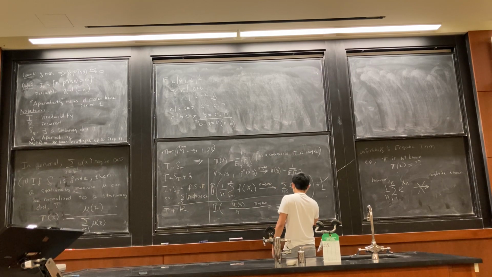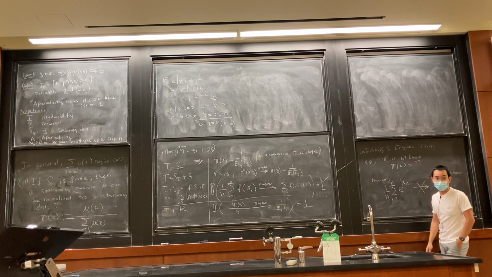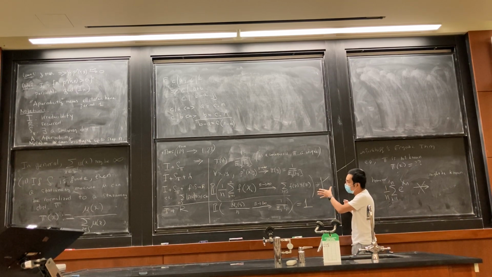This event holds with probability 1, regardless of the initial state. These limits don't say anything about the initial state x 0. That means I can start from anywhere in the state space, and eventually I will converge. All right.